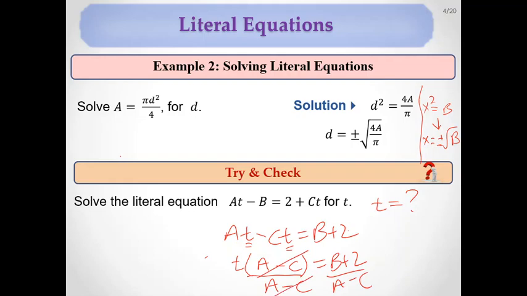If we have something like 15 equals 3 times something, you divide by 3 on both sides, right? We do exactly the same thing here with the letters, and it turns out t is equal to b plus 2 over a minus c.